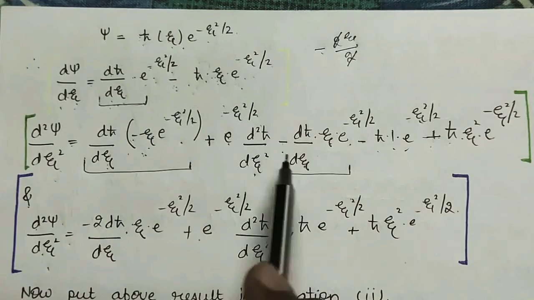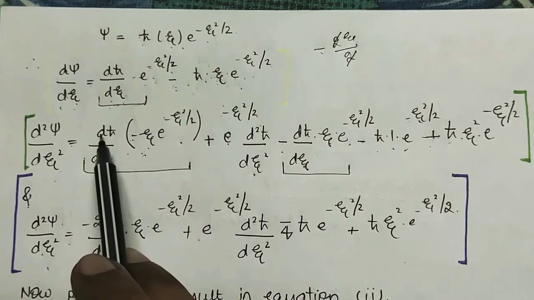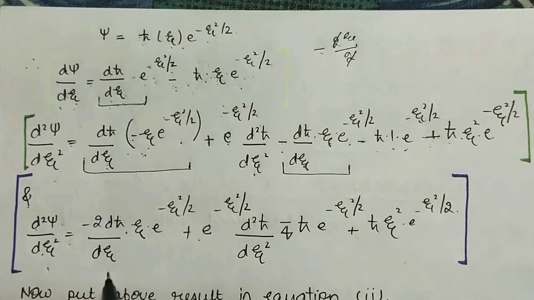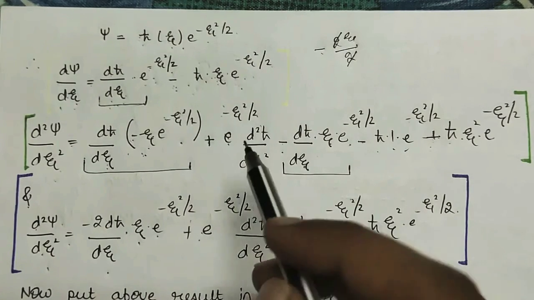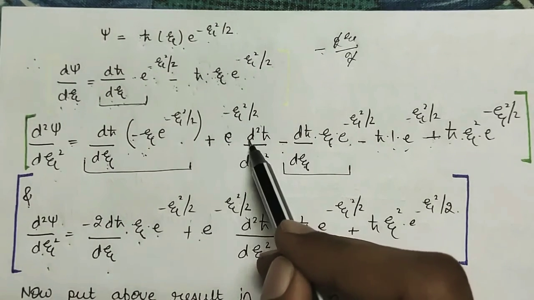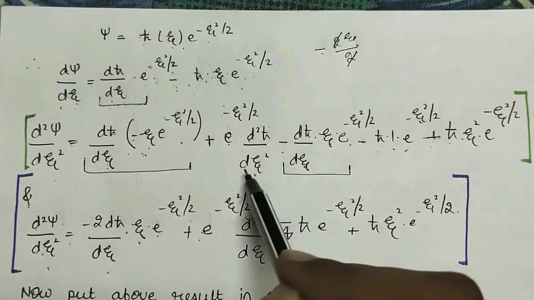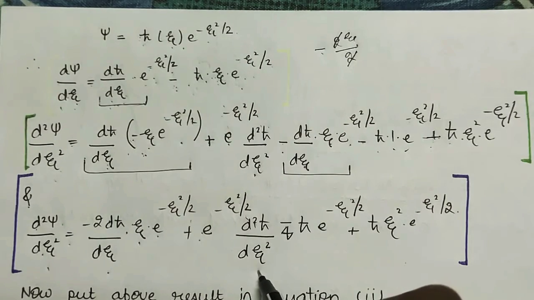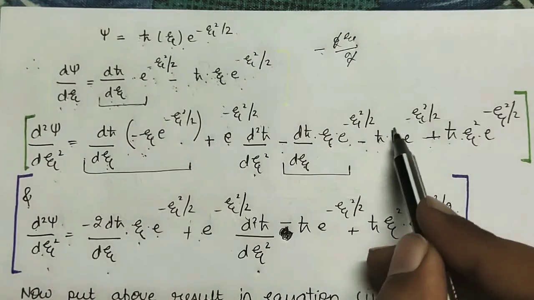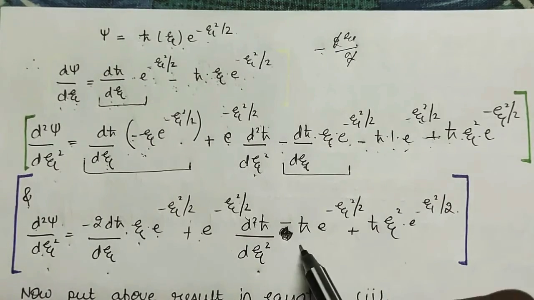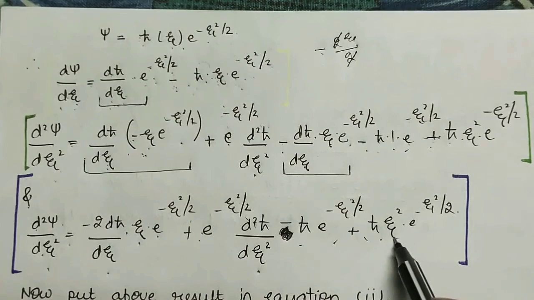So on adding this we get minus 2 del h cross over del j e to the power minus j square by 2 as it is, plus e to the power minus j square by 2 this, and del 2 h cross over del j square here, minus h e to the power minus j square by 2 plus h cross j square e to the power minus j square by 2.